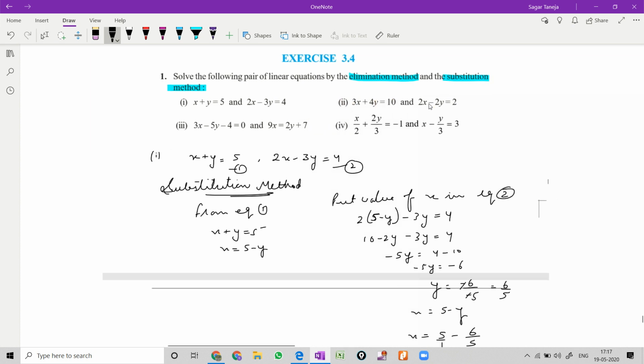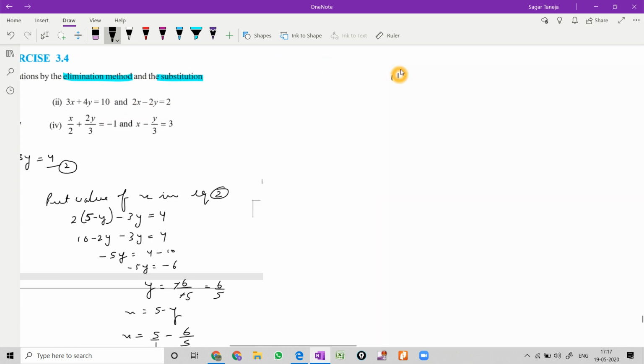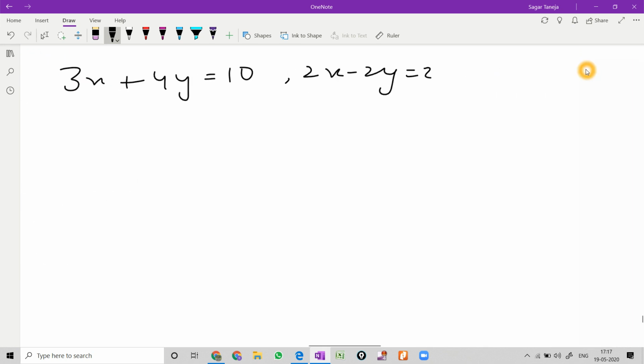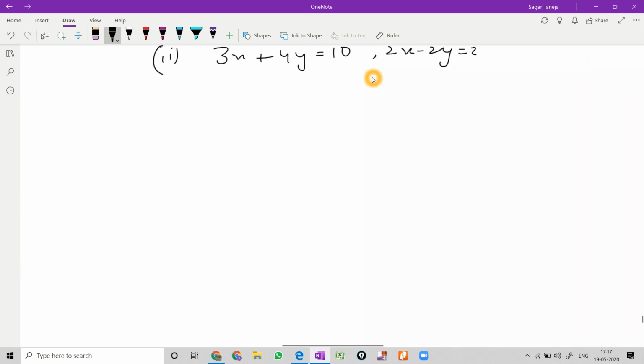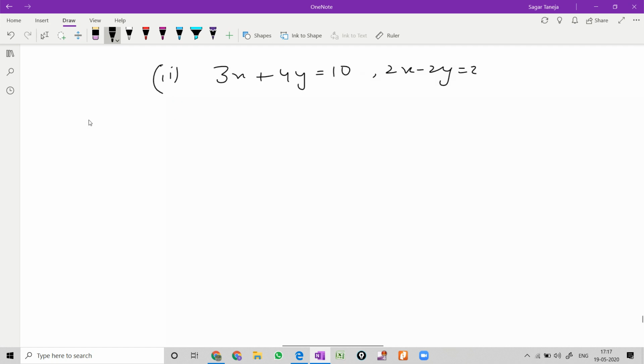3x plus 4y equals 10, and 2x minus 2y equals 2. Okay, so first of all we'll write here by substitution method.